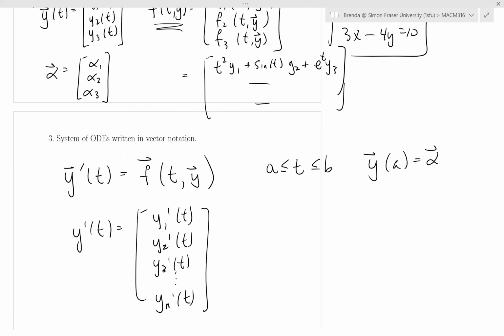So we have exactly the same thing in vector notation.